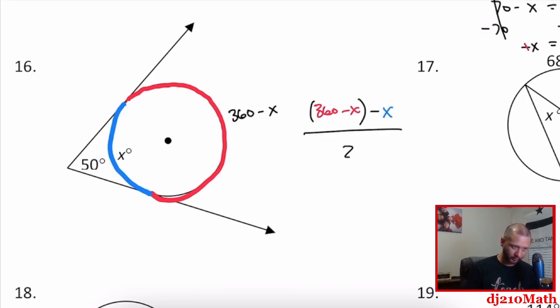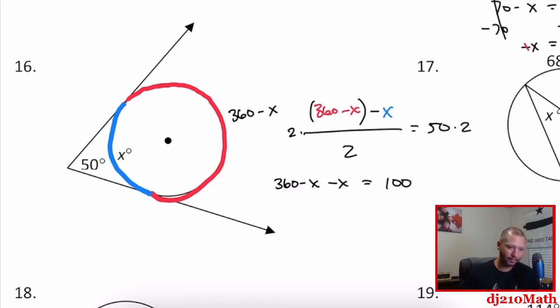divided by 2, equals 50. So multiply both sides by 2. 360 minus X is equal to 100. I dropped the parentheses because we're just dividing and nothing needs to get distributed. So combining like terms on the left, 360 minus 2X is equal to 100.